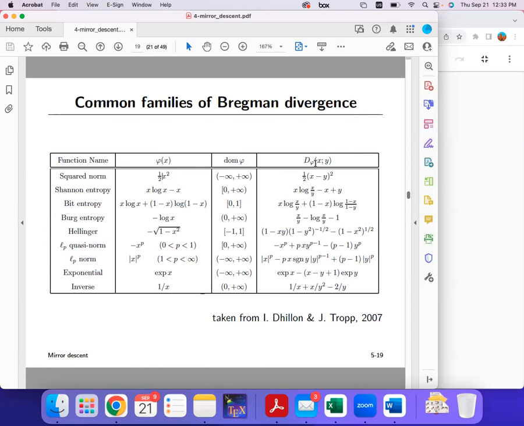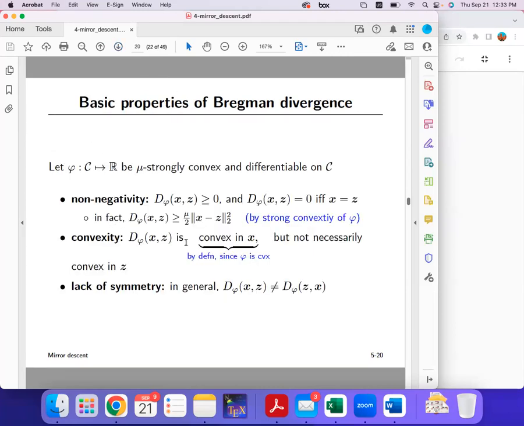In this case, it is actually equal to this distance. But in general, if phi is mu strongly convex, then this is lower bounded by mu over 2 times the Euclidean distance between these two variables. So this also shows that they are kind of similar.